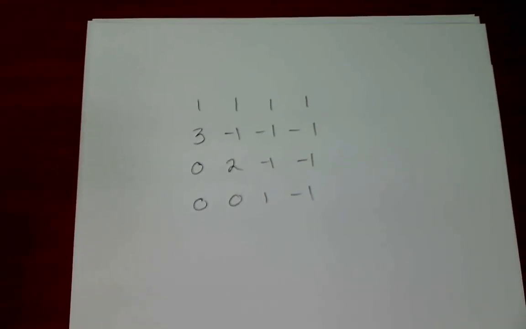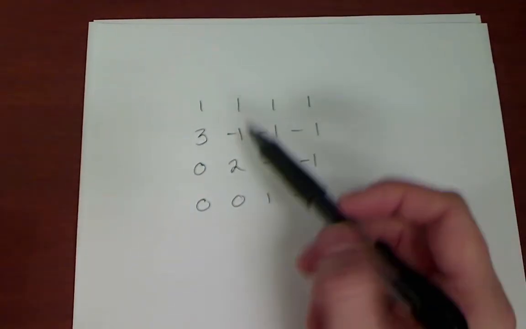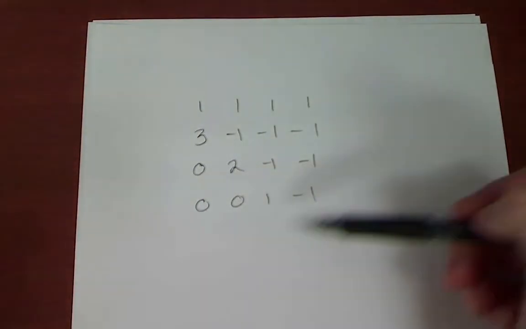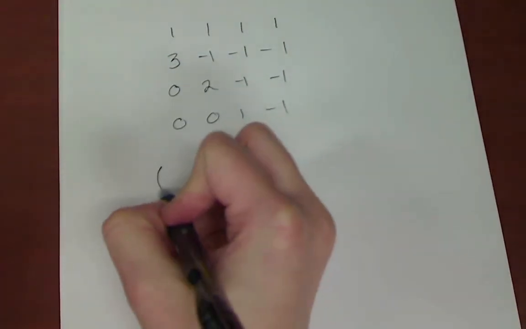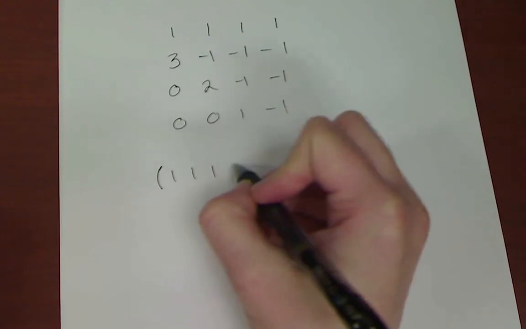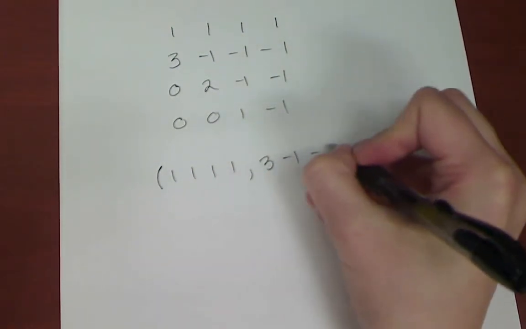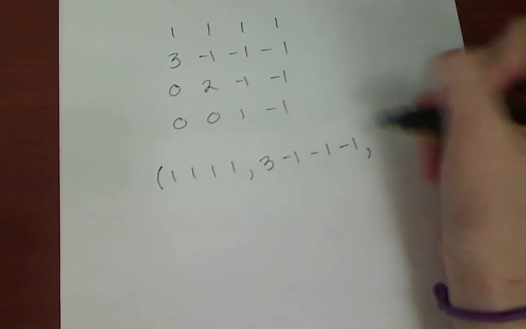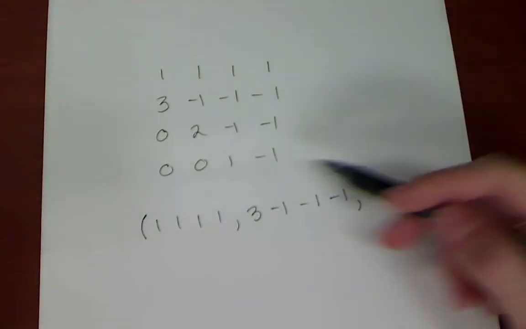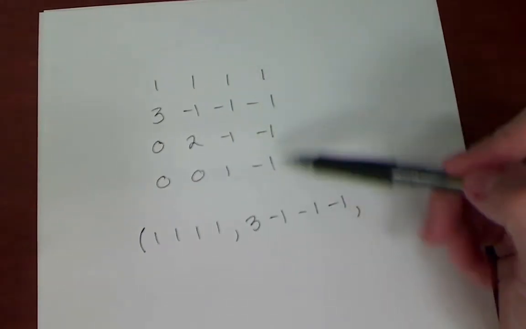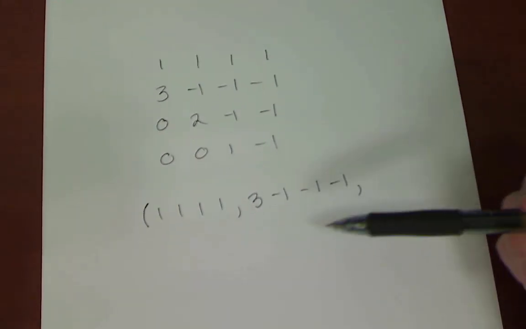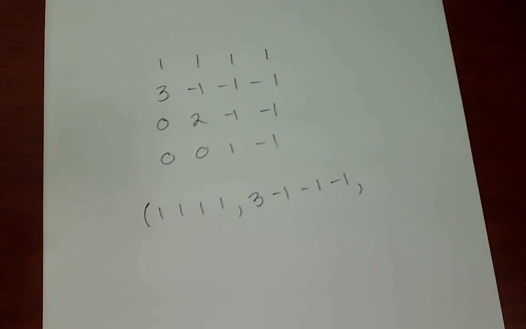It's just a placeholder. When you do this in SPSS, it's not going to be in this matrix. At least it won't look like that to you. You're going to do 1, 1, 1, 1, comma, and then this line, 3, -1, -1, -1, comma, this next line, comma, this next line. So that's where these are coming from. You can do these by hand, and then plug them into SPSS and run those contrasts that you want.